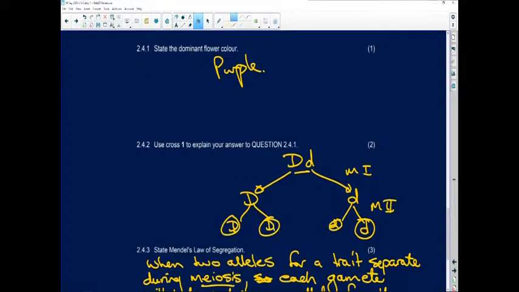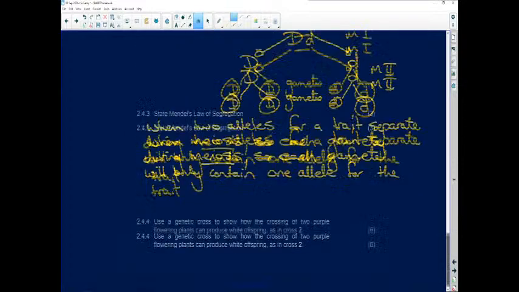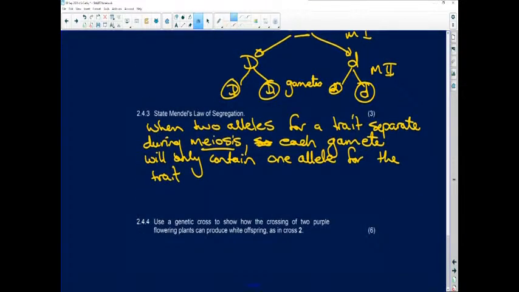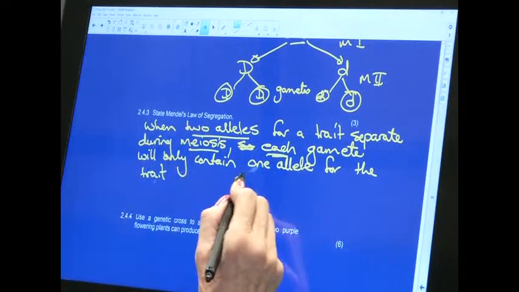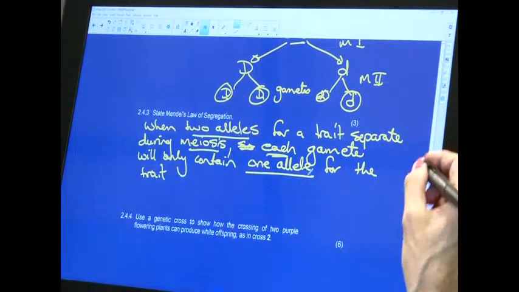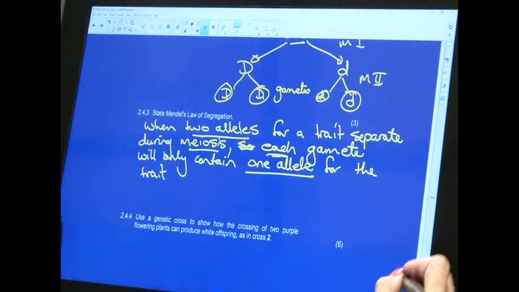Okay, so these are all your gametes. That's how it works. And that's all they're saying: two alleles, which is the capital D and the lowercase d, for a trait separate during meiosis so that each gamete contains only one allele and not both. If it contained both, then obviously it's diploid.